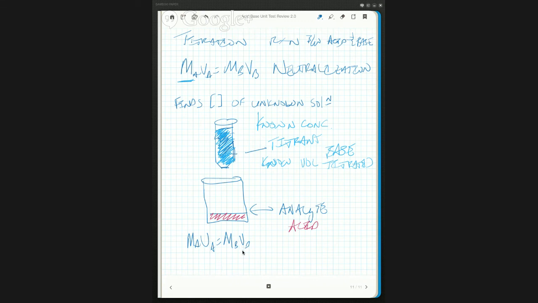This is one of the harder parts of this equation, that this is the moles of H plus being at the equivalence point.